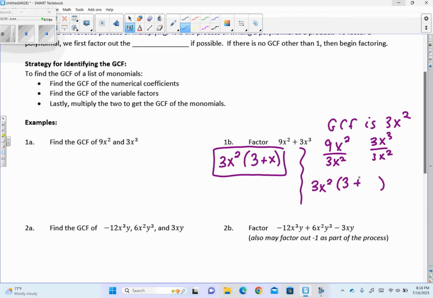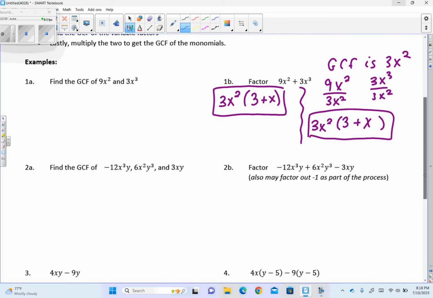Then if I divide 3x cubed by 3x squared, the 3 over itself will make 1. And then we have x to the third over x to the second. So we would use the quotient rule and say that's x to the 3 minus 2 is x to the first. And you see we end up with the same factorization. So you can look at it either way, it doesn't make any difference.